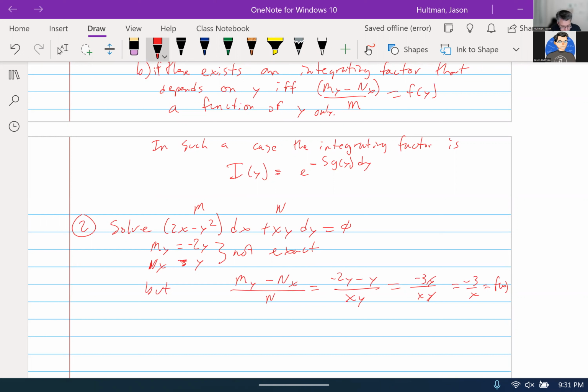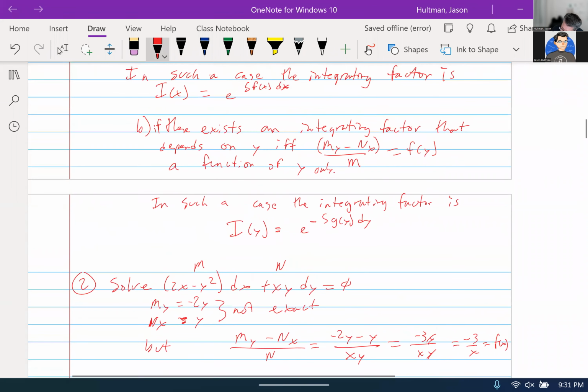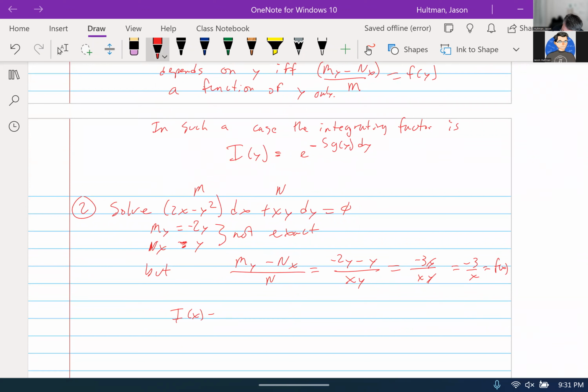And they're saying that there exists an integrating factor, I of x, is equal to, now this integrating factor is not the same one as we used in the linear differential equations, but it performs the same type of operation, and I'll get to that in a minute.